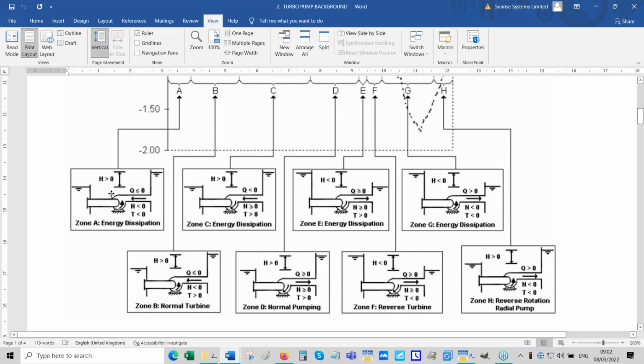For example, if the flow is backwards and the pump is rotating backwards, but the torque is positive, then the head, of course, is also positive. That's like a turbine. The head being positive means the pressure here is higher than the pressure here, and that acts like a turbine. So you can model all situations.